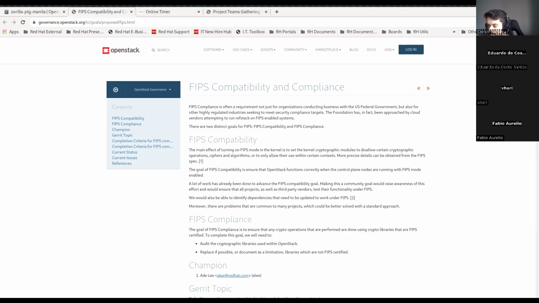Here there are some definitions, but for compatibility, the goal was basically to ensure that OpenStack functions correctly when the control plane nodes are running in FIPS mode. So we should ensure that nothing is going to break when we enable FIPS in a machine, and that would be enough for compatibility.